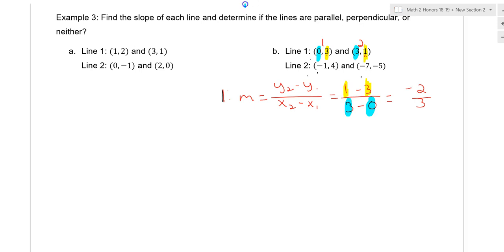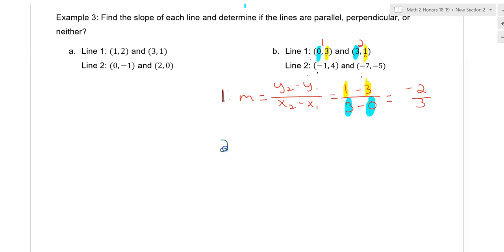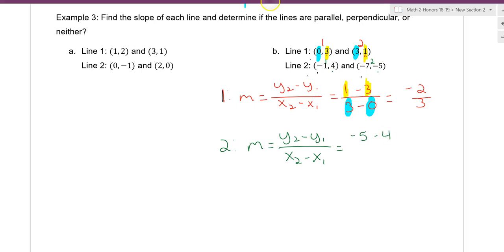And then we can do the same thing for line 2. So, first point, second point. So I'm going to do y minus y, negative 5 minus 4.